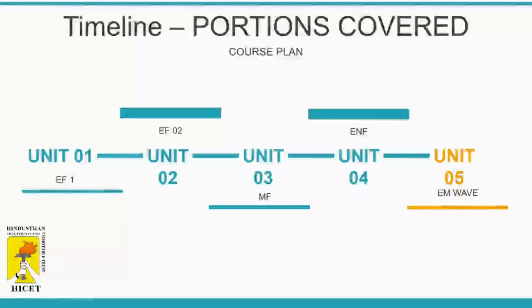We can take the course plan to complete all these chapters as per your module or syllabus. Unit-wise, the course plan for field theory is: we take unit 1, and after completing unit 1, I can go for unit 2, unit 3, unit 4 and unit 5 in sequence.